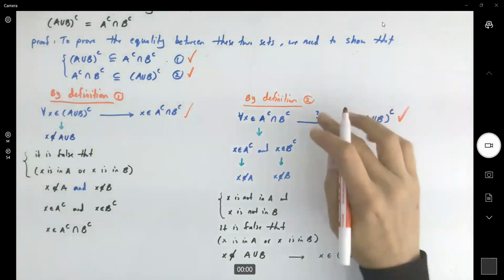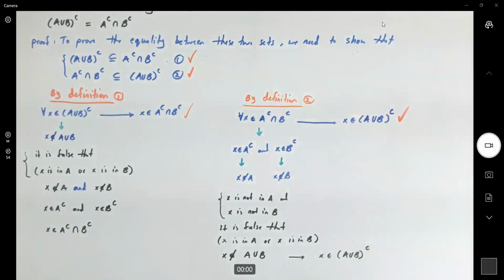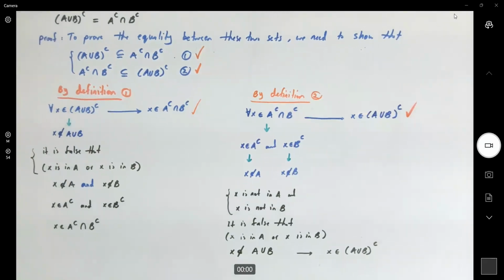So what is our conclusion? Our conclusion is, since we showed that these two sets are subsets of each other, it means that they are equal as well.